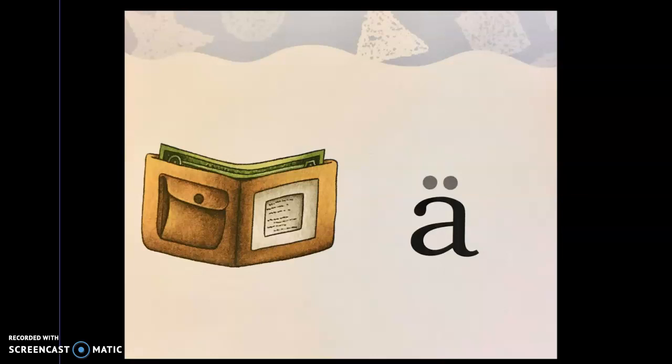Point to number 14 and spell the word squat. Please point to number 15 and spell the word ball.